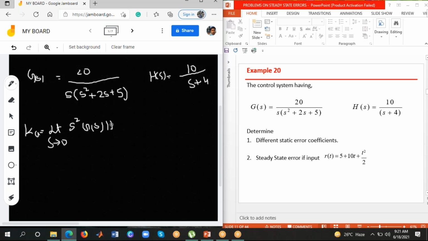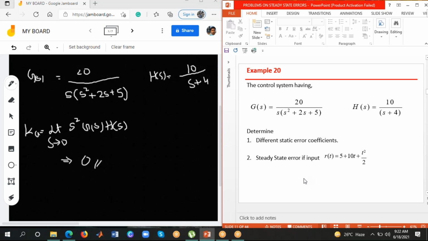What value will we get for this? What is the answer? Right, super. 0, because one s cancels and one s remains. So anything 0 into anything is 0. So the value of Ka is 0.